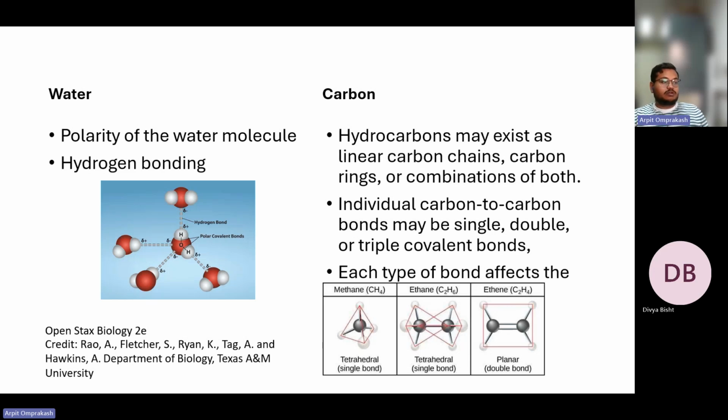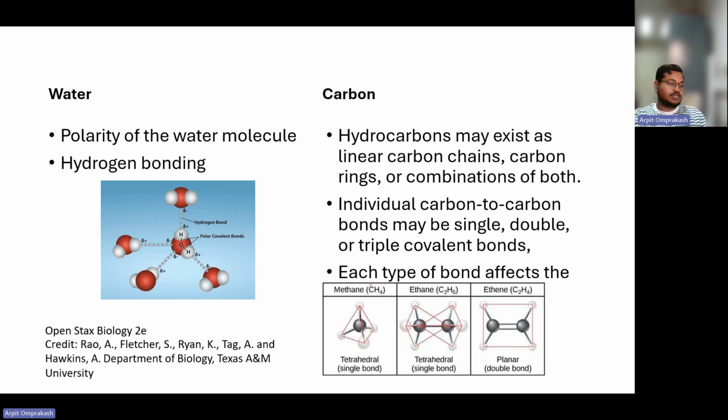Then we have carbon, which is mostly present in the body in the form of hydrocarbons. They may exist as linear carbon chains, carbon rings, or combinations of both. We have individual carbon to carbon bonds in these molecules, which may be a single bond, a double bond, or a triple covalent bond.